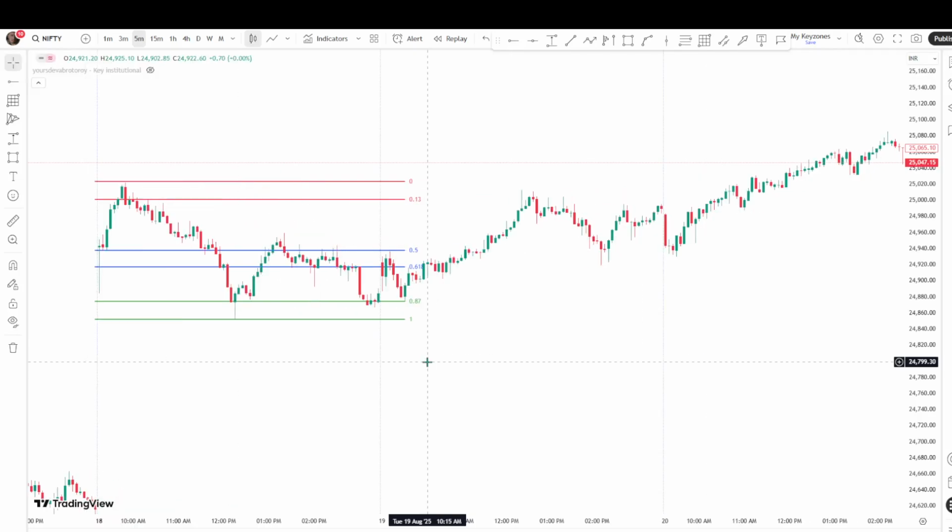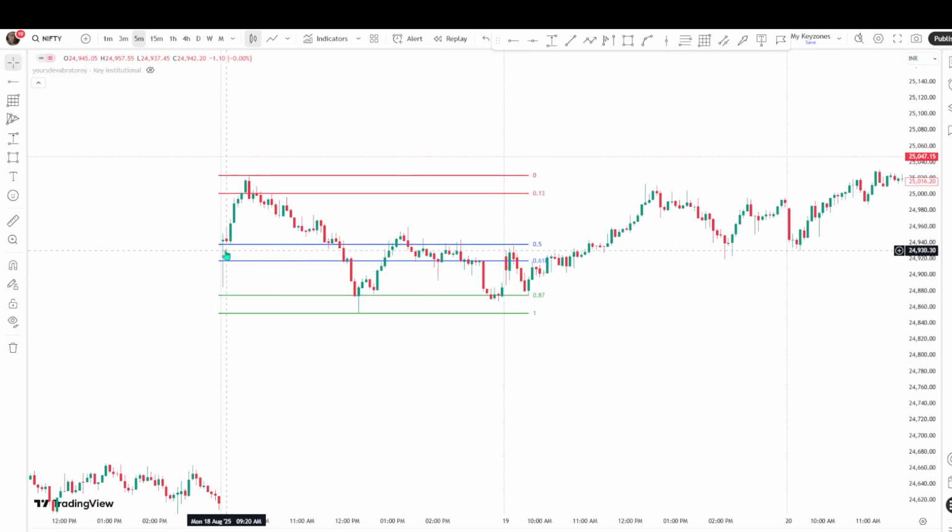You can see the market opened gap up, all went up, could not sustain and moved all the way till here, and took support from this demand zone and went almost around this point.